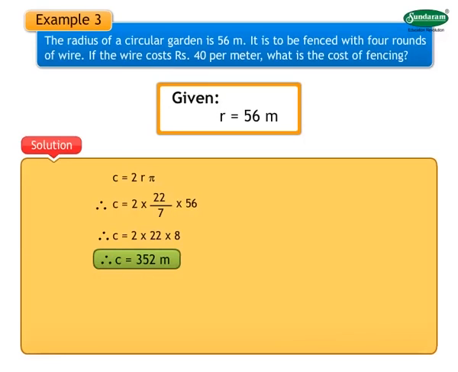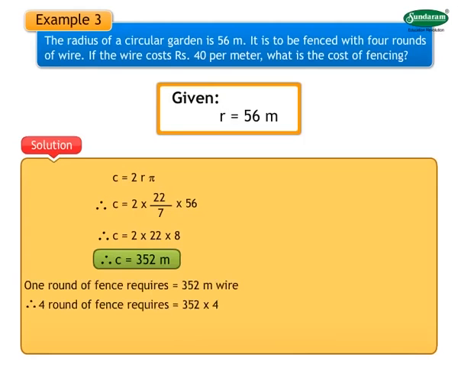Now, next given is that the garden has to be fenced with 4 rounds of wire. From the given data, we understand that 1 round of fence requires 352 meter wire. 4 rounds of fence will require 352 into 4, which is equal to 1408 meter wire.